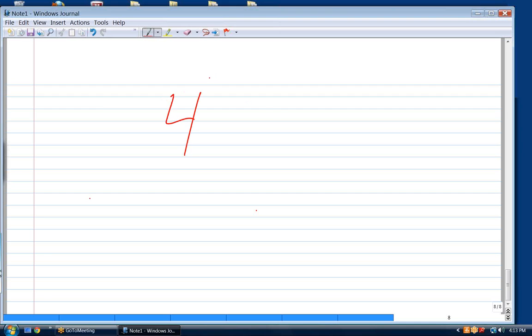Okay, how about this one? So what's the first thing I do when I see a negative exponent? It means that you put it in the little fractiony thing.